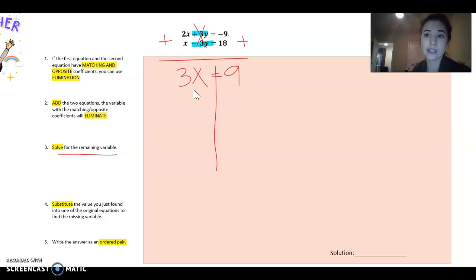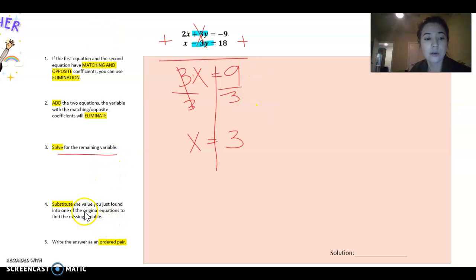This should be one step really quick. Okay, we have 3 times x. So we can divide both sides by 3, and we get x equals 3. Some of you might have been able to not even do that step. You could say 3 times what gives me 9? 3 times 3 gives you 9.